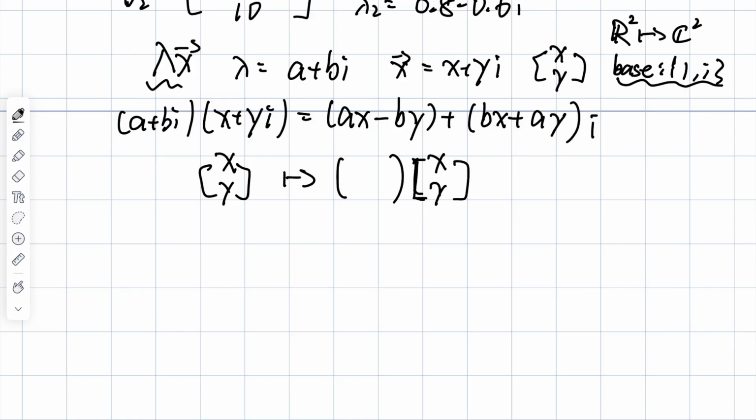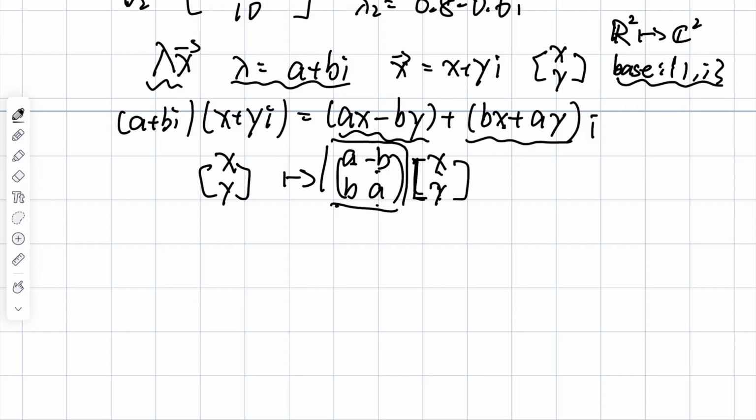We can see that this matrix is [a, -b; b, a]. A times x minus b times y gives you ax minus by. B times x plus a times y gives you bx plus ay. So multiplying by a complex number means multiplying by a 2 by 2 matrix.